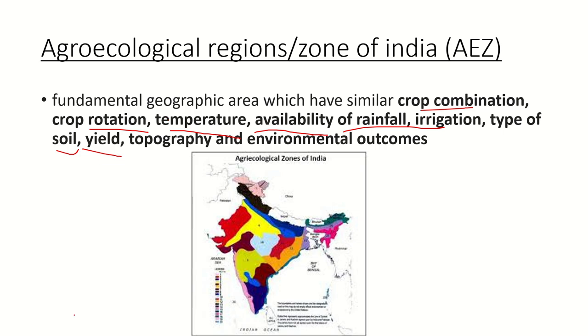How many crops there are in that particular land, and topography, is one of the important points. Topography, or we can say relief, is the variation of altitude.